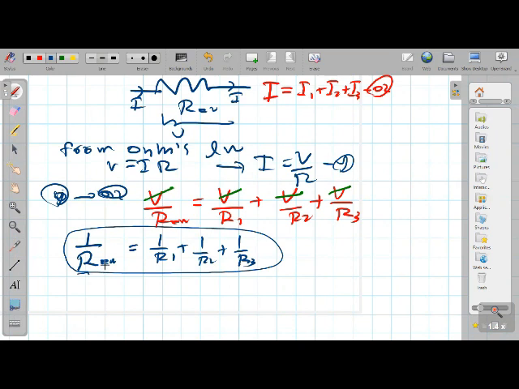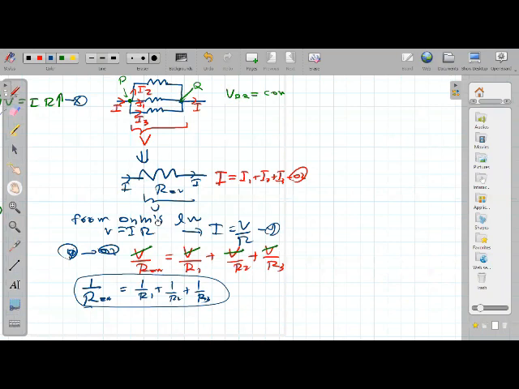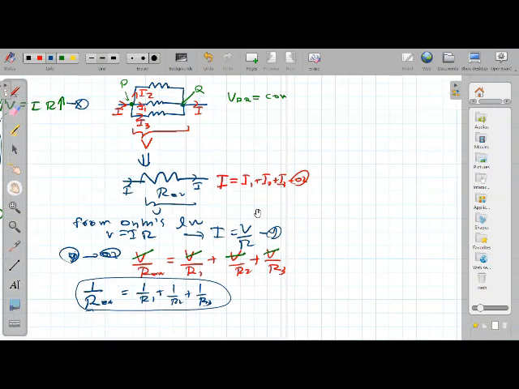Do I have to explain that again? If you want, take a screenshot or something, because I'm also going to share the PDF.